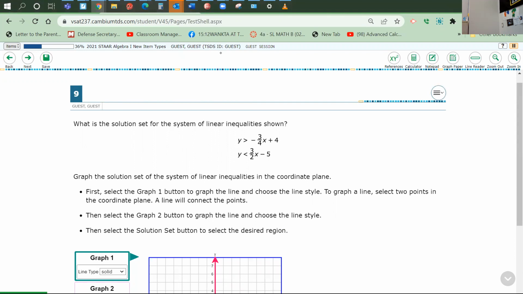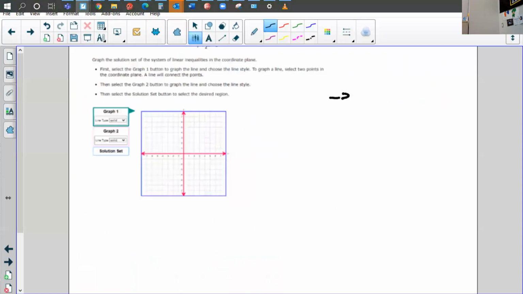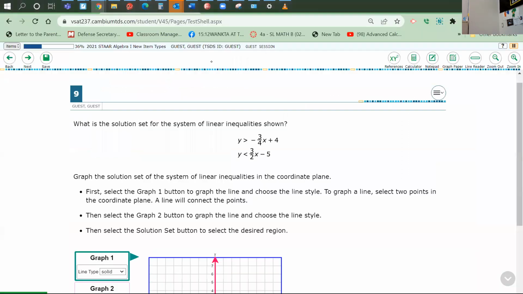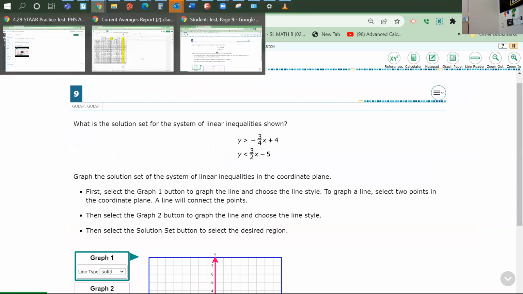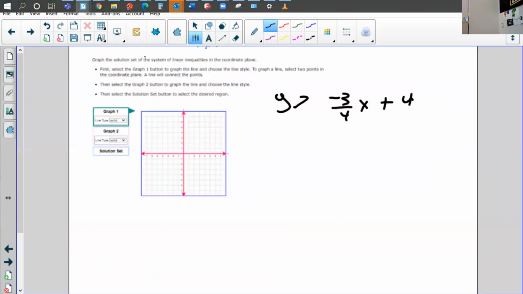Y is greater than minus 3 for x plus 4, that's 1, and the other one is 3 over 2 x minus 5, and that's y is less than.